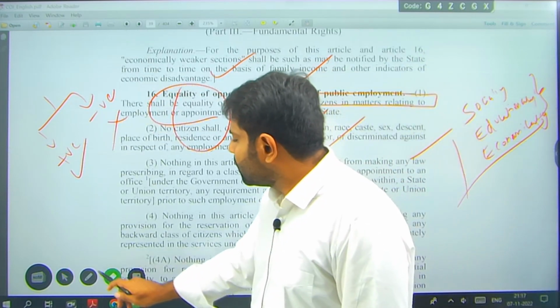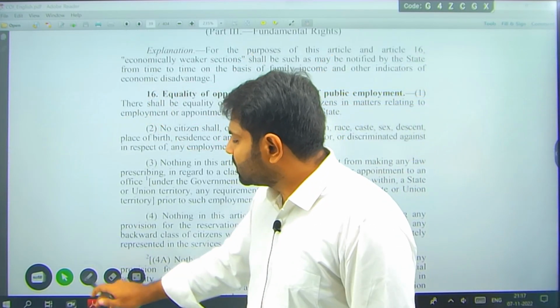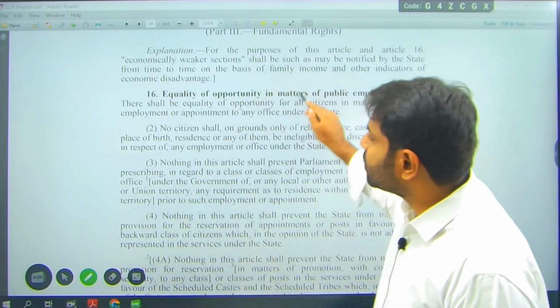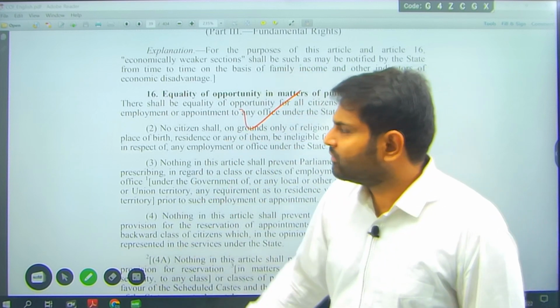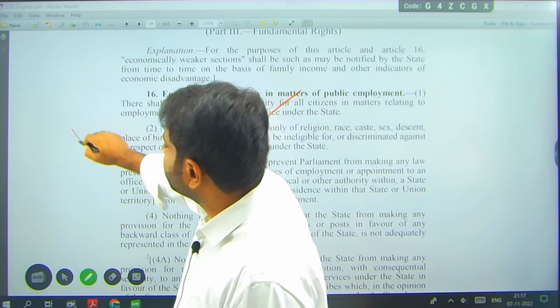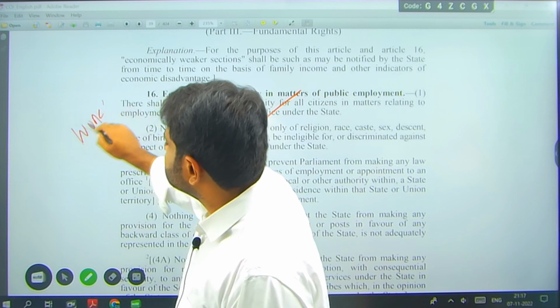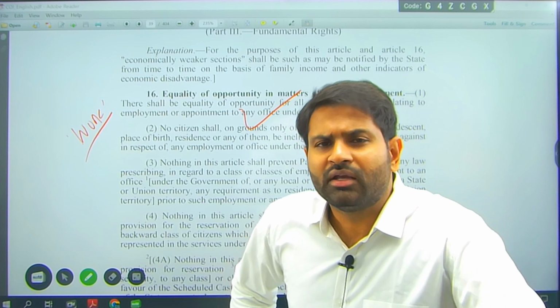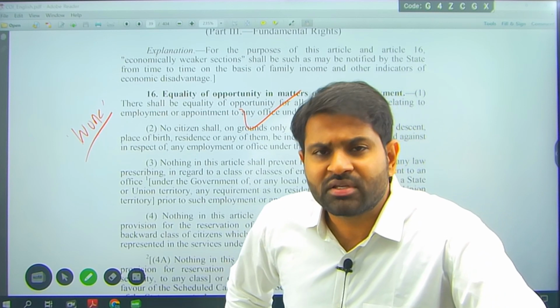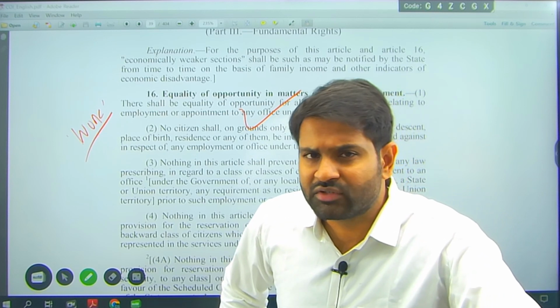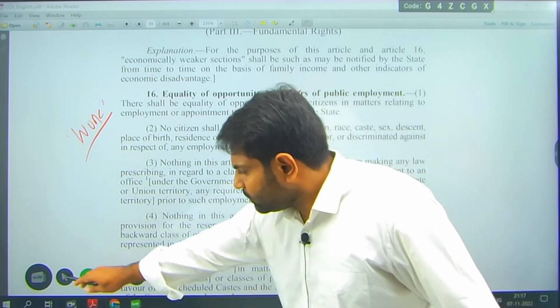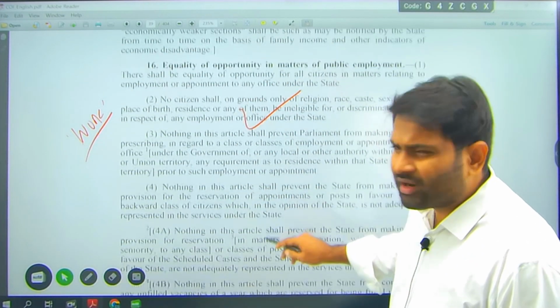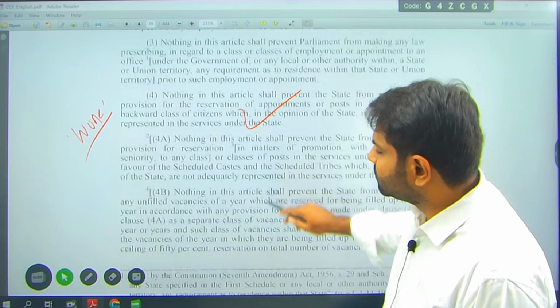Article 15 is talking about positive discrimination in education. Article 16 is talking about reservations in job opportunities, public service opportunities. That is Article 16, important. Fundamental rights, I cannot skip many, you need to remember.